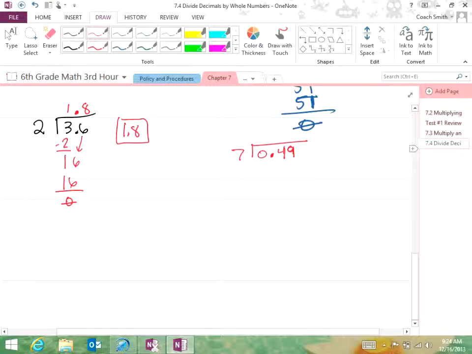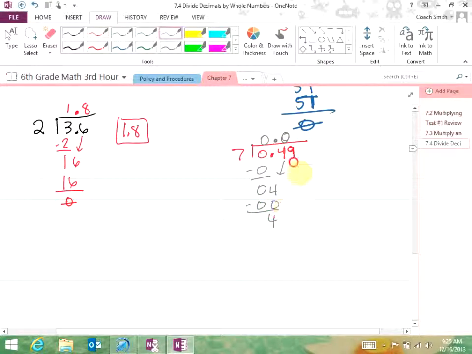Okay, 7 into 0.49. Well, 7 doesn't go into 0, so you put a 0. That would be 0, remainder 0, bring down your 4, bring up your decimal. Does 7 go into 4? No. So we put another 0. 0 times 7 is 0.